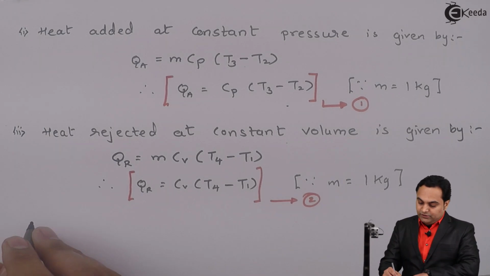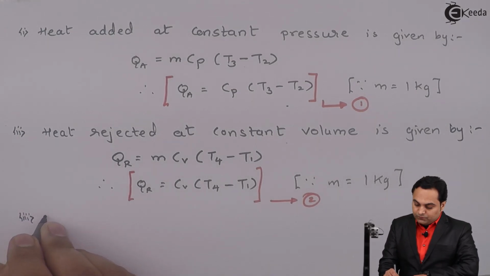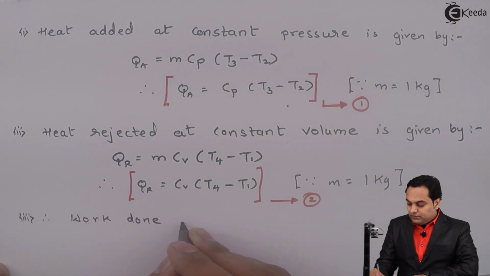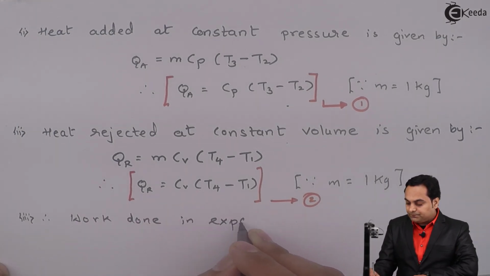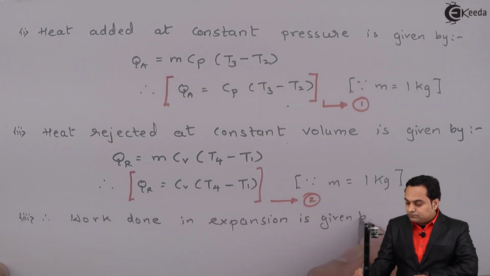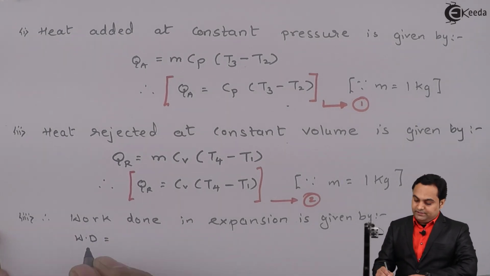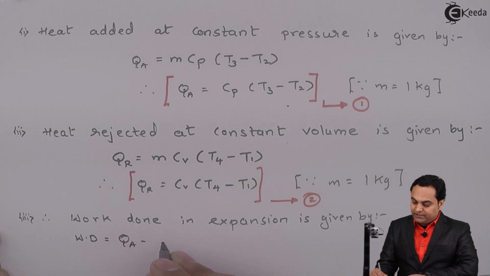So here I'll write down, therefore, work done in expansion is given by, I'll denote it as WD, and it will be QA minus QR, heat added minus heat rejected.